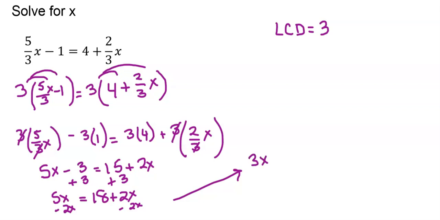And then 18 is our number term on the right side, and then we'll divide both sides by 3, and we get x equals 6 for our solution. So it's kind of a nice little trick. Multiply both sides of the equation by the least common denominator of all the fractions in the equation, and you will no longer have fractions to worry about.